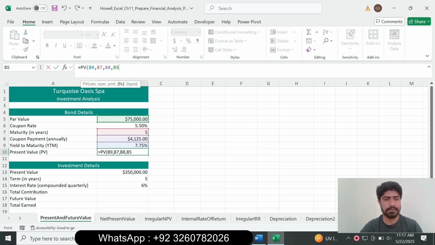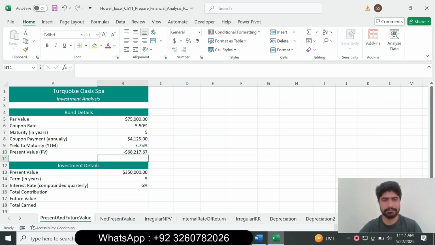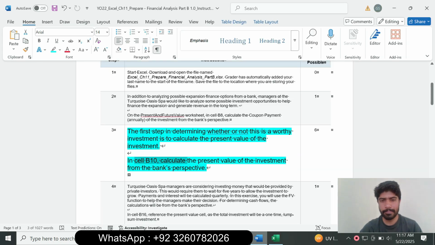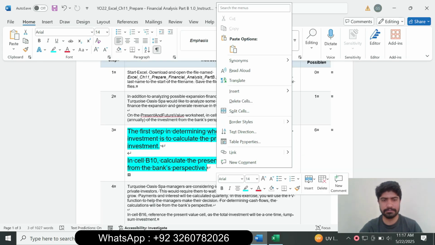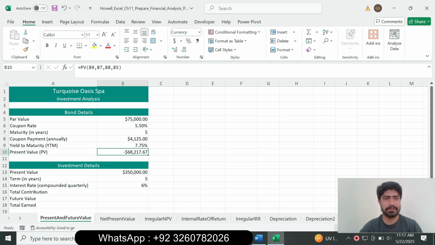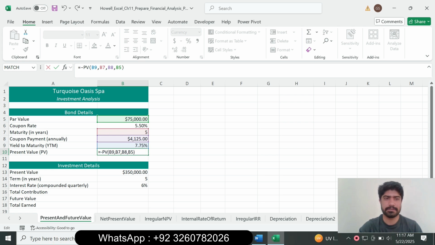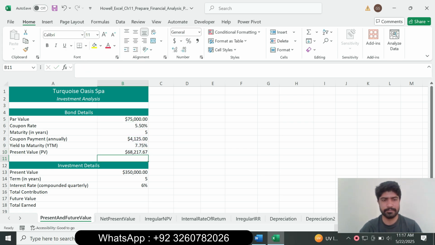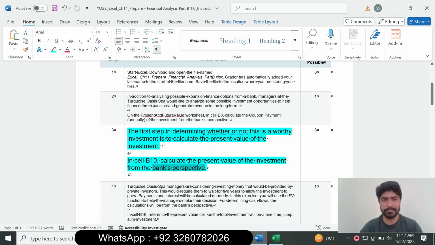So select B5, the par value, close the bracket and press enter. The present value from the bank perspective needs a negative sign, so type the negative sign and press enter. So question number three is complete.